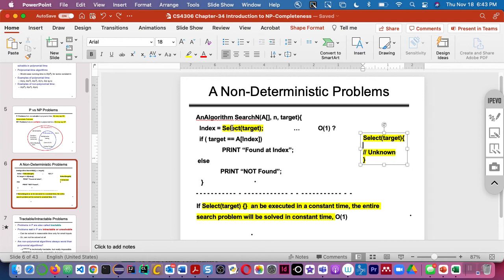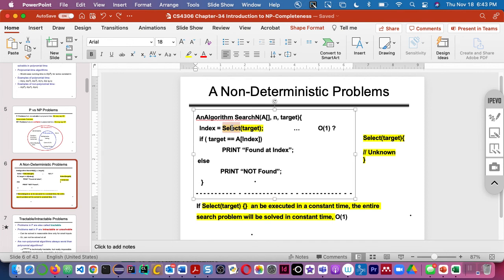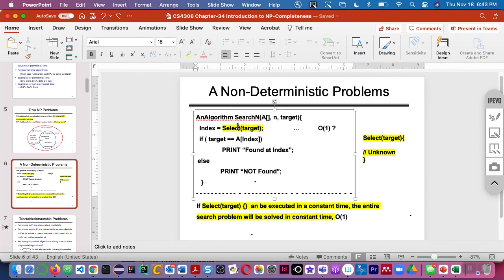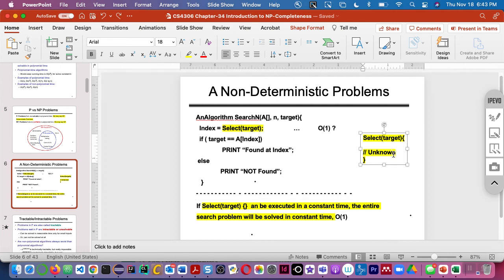We don't know how it will happen; it is not determined yet. So far we wrote our programs, everything is deterministic. Even if we used a method, that method had a body and implementation, but this one does not have any implementation yet.